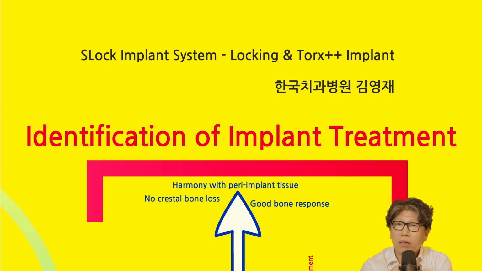And then I updated it, and now I'm doing implants with two different systems, the locking system and the Torx++ system. Actually, regardless of the type of implant, you need some knowledge to do implants. So I'm going to talk about that knowledge.